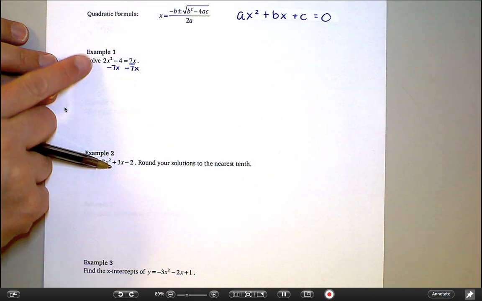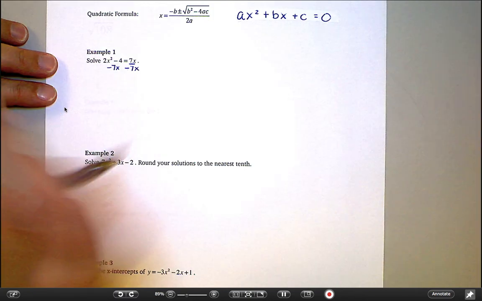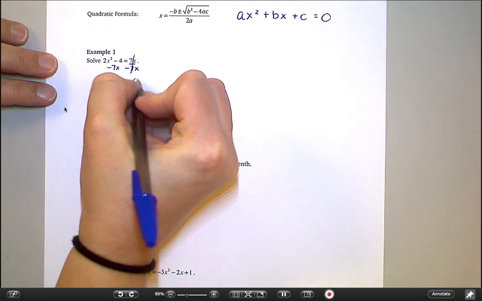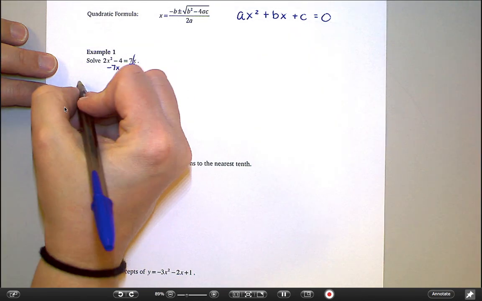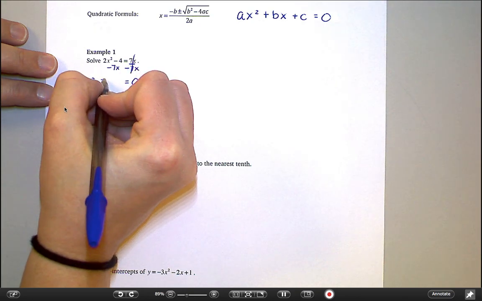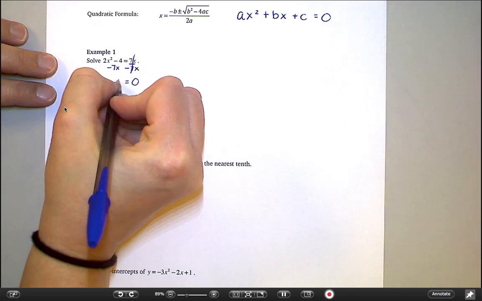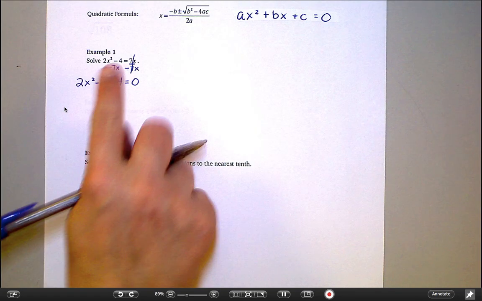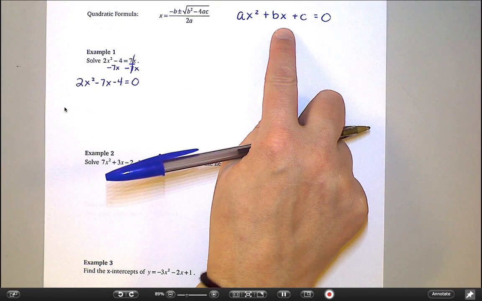It can't combine with the 2x squared and it can't combine with the 4. I'm just kind of moving it so that this side over here is now a 0. And then this side I would rewrite as 2x squared minus 7x minus 4 equals 0. So that's always your first step, is to get yourself into this form, okay?